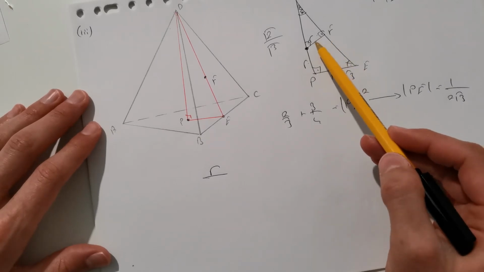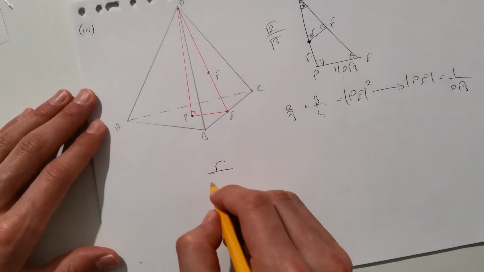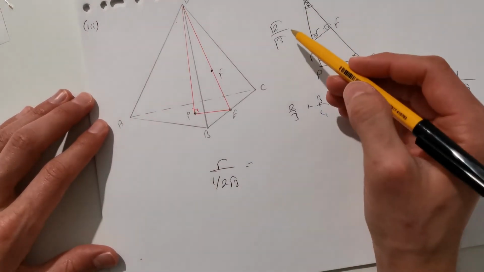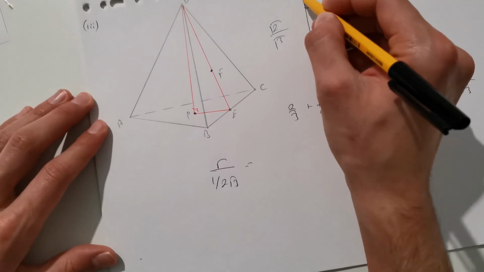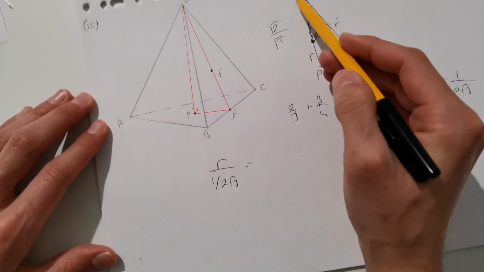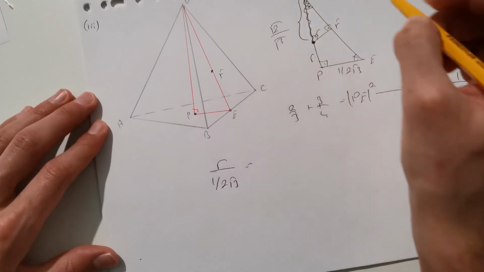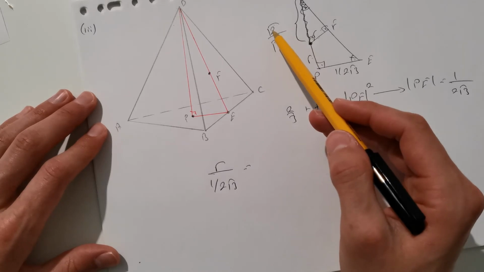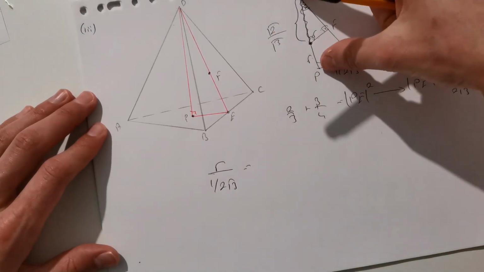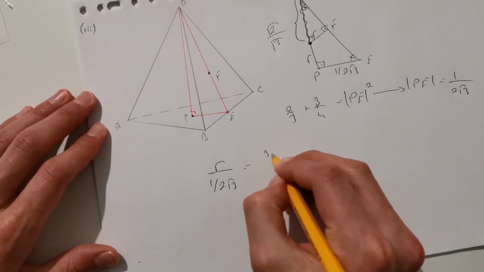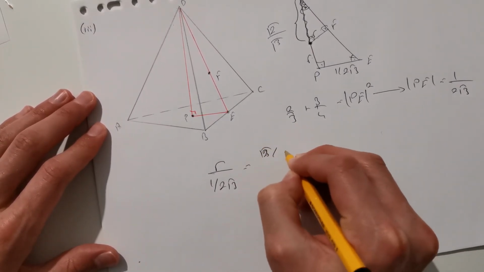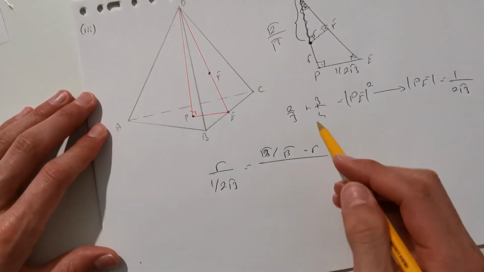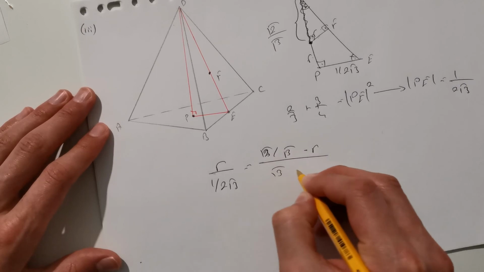If you consider r over 1 over 2 root 3, that is going to be equal to this side, so this section here, divided by DE. So we know this section here is root 2 over root 3 minus r, because the whole thing, DP, is root 2 over root 3. So root 2 over root 3 minus r divided by DE, which is root 3 over 2.